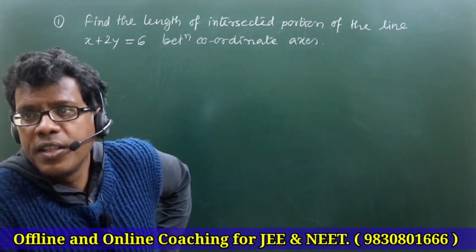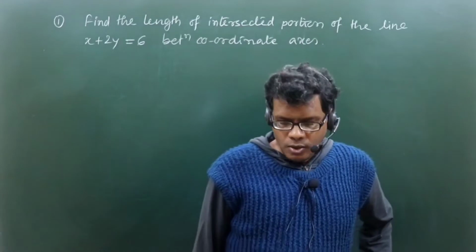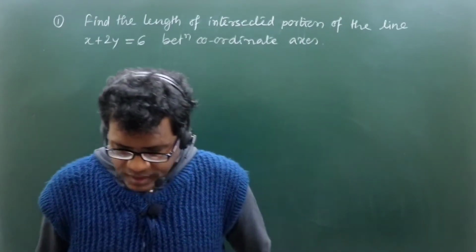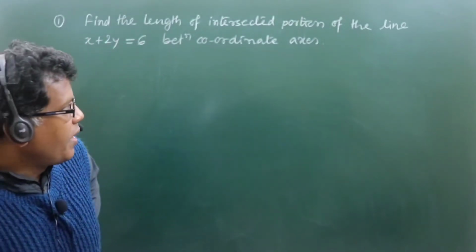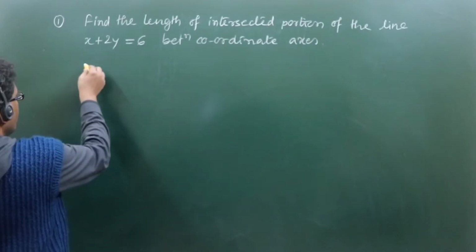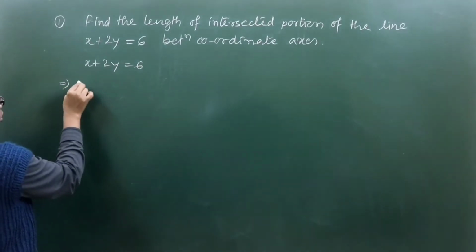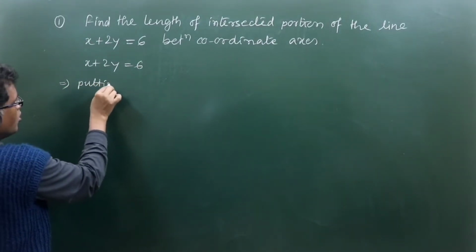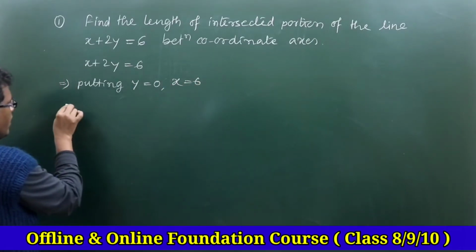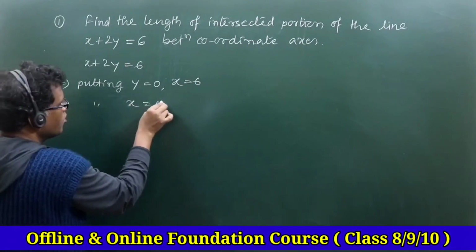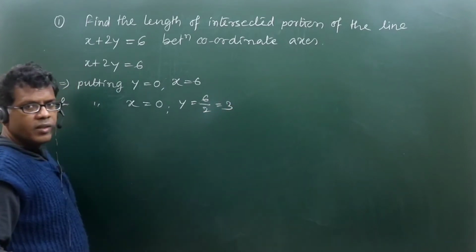X coordinate is 6, 0, fine. What about the y axis intersecting point? If equation is x plus 2y equals to 6, then putting y equal to 0, we get x equal to 6, and putting x equal to 0, we get y is equal to 6 by 2, that is 3, right?